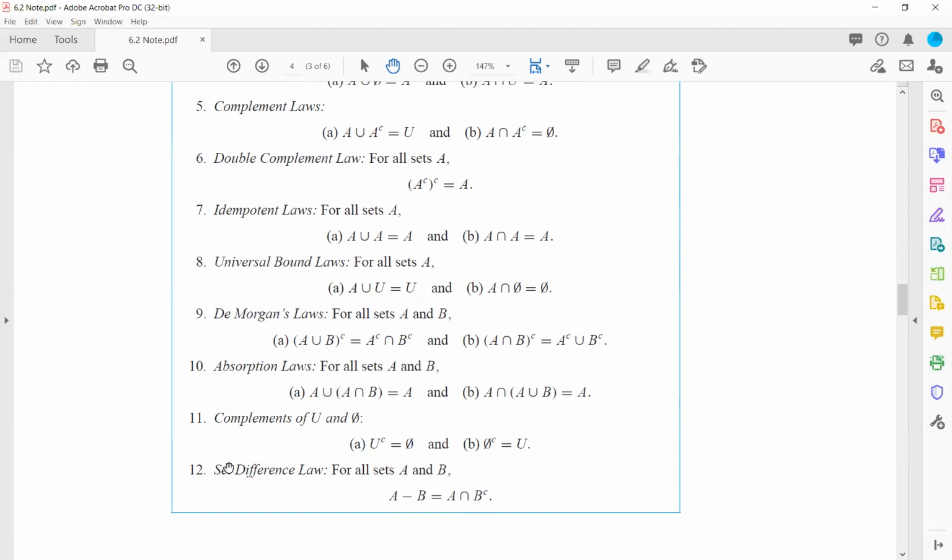And finally, one important law helps you to rewrite the difference between two sets into intersection. So if we have A minus B, equivalently, you can write it as A intersection with B complement.